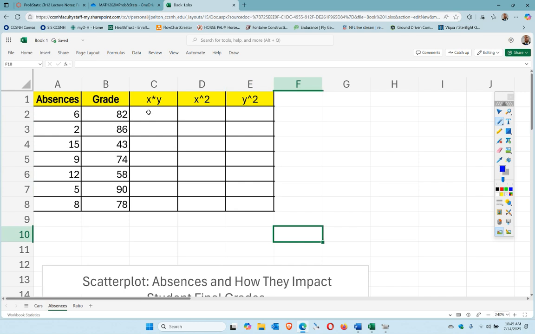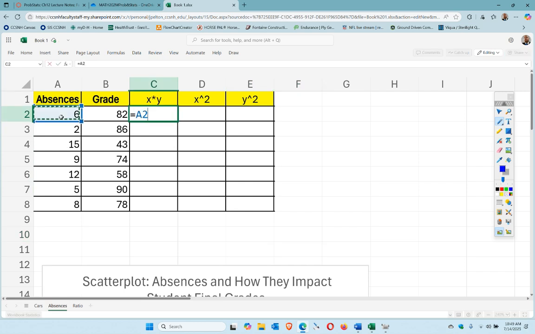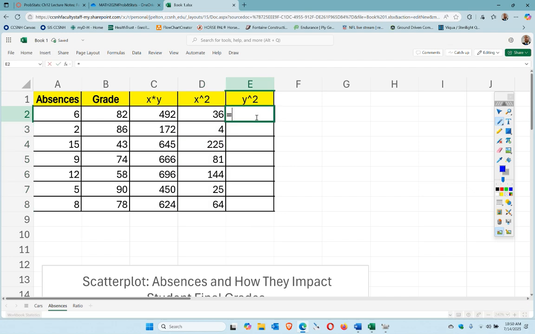Do that all the way through, and x times y, drag it down, and x to the second power, and drag it down, and y to the second power, and drag it down. Okay, so those are all our individuals.